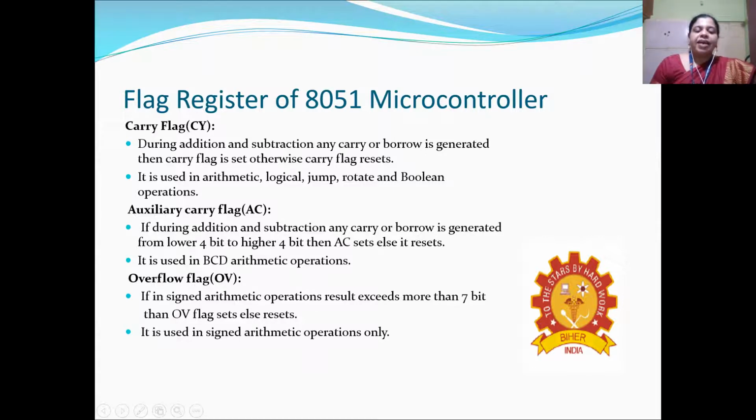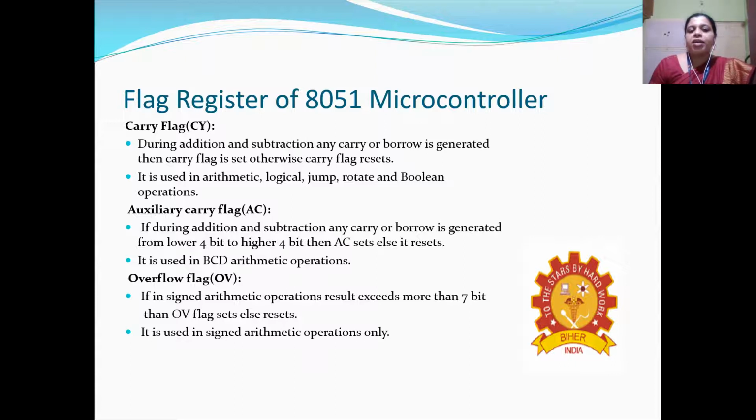Then auxiliary carry. This auxiliary carry flag will be used only in BCD arithmetic operations. What do we mean by auxiliary carry? 4 bits is termed a nibble. If there is a carry from the lower nibble to the upper nibble, in position-wise terms, a carry from D3 to D4.